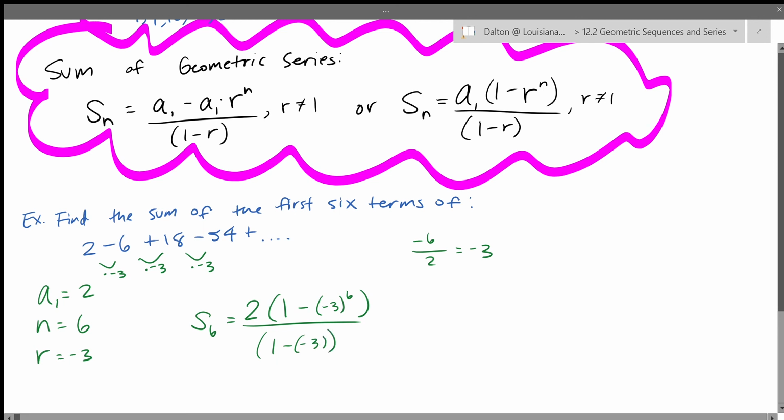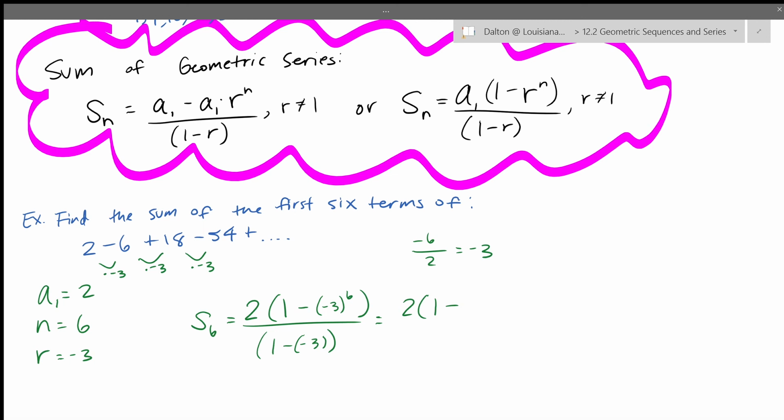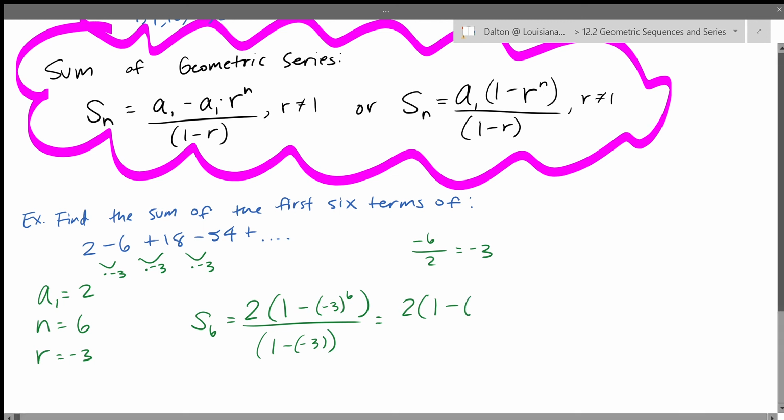And then your goal is just to simplify this. Again, just be very careful. Make sure you take order of operations into account. This will be 2 times, inside these parentheses, you have to do the exponent first. So that'll be 1 minus negative 3 to the 6th power. Negative 3 to the 6th power is going to be a positive 729.